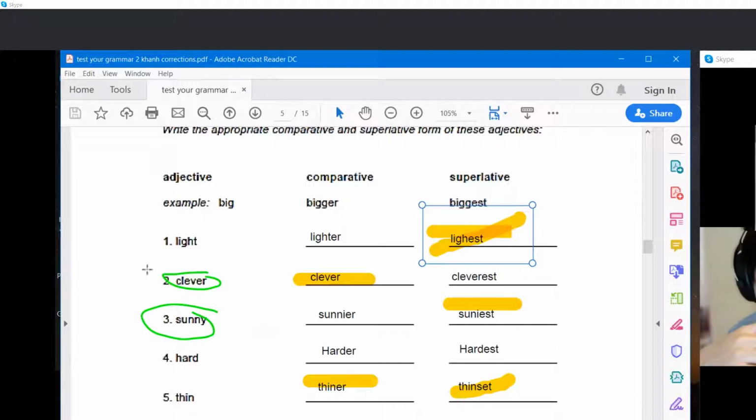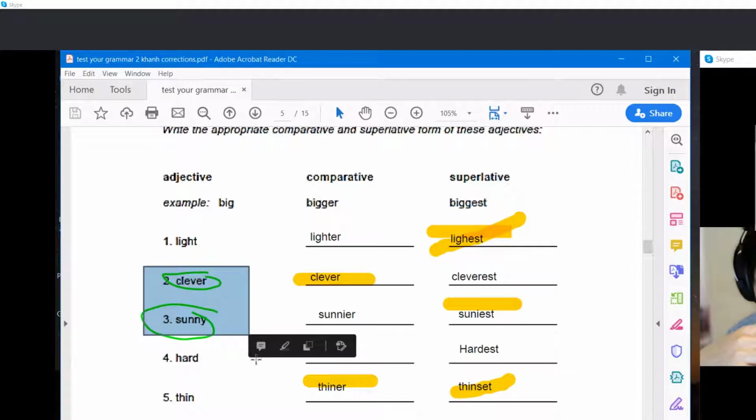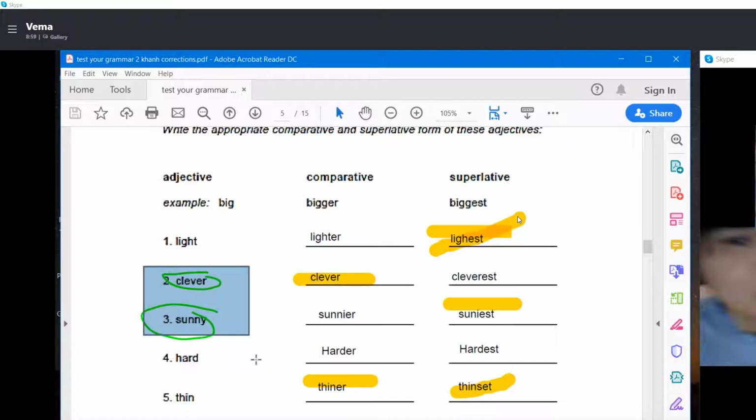Now, these words, clever and sunny, are two syllables. So we could actually answer it with more clever, more sunny, and most clever, most sunny. Why? Because some words with two syllables can have er, est, or more, most at the beginning. So you could say cleverer or more clever, cleverest or most clever.